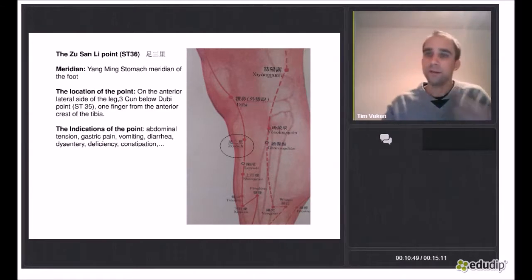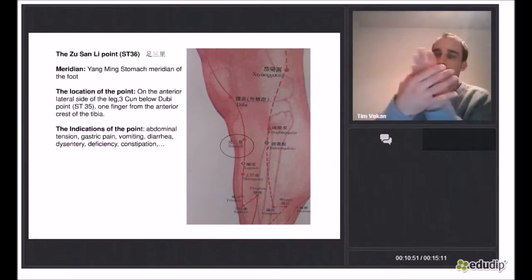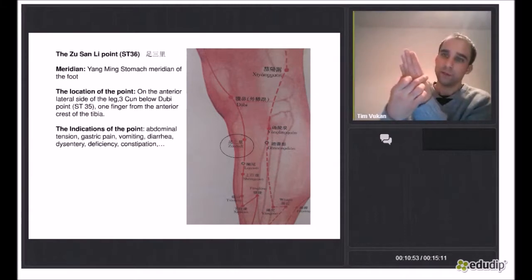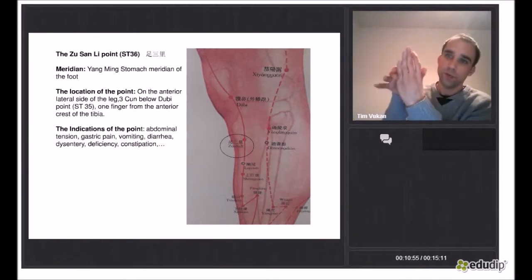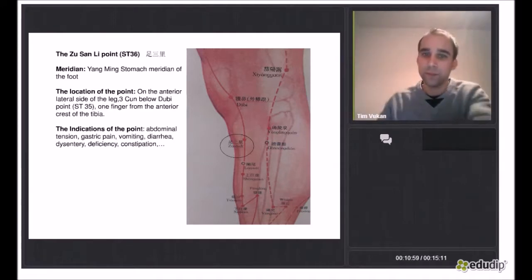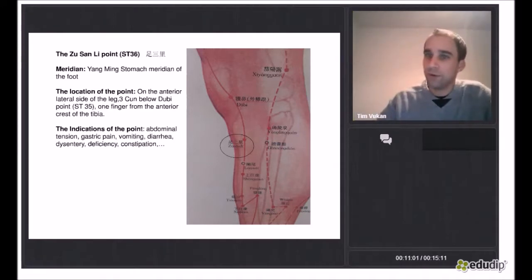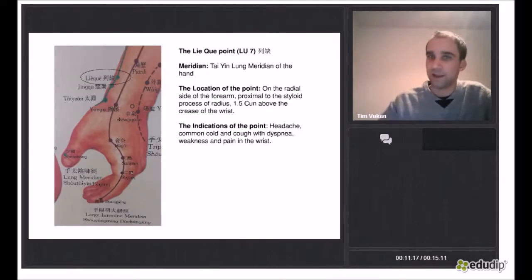We can find it if we put our hand, which has 3 cun altogether, below our knee. In that position, which is described to you over here very generally, is the Zusanli point, which you can also stimulate, massage every day, and influence the indications which are listed in this slide.